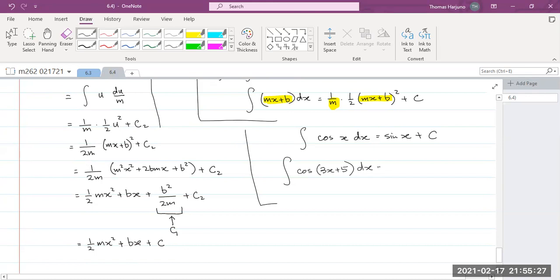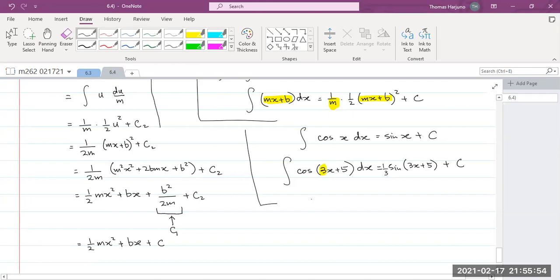Now you will see this actually equals sine of the same argument, but the coefficient of that x, 3, becomes 1 over 3 here.